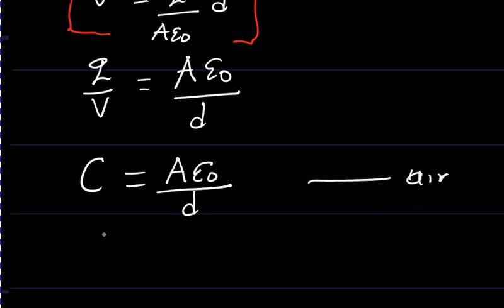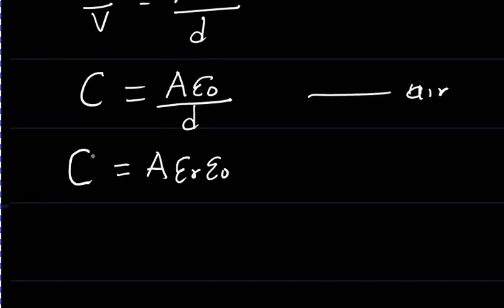But if we are dealing with another medium, don't forget, other mediums have relative permittivity. We've talked about that. So in that case, what you're going to have is A multiplied by the permittivity of the medium, which is always the relative permittivity multiplied by the absolute permittivity.